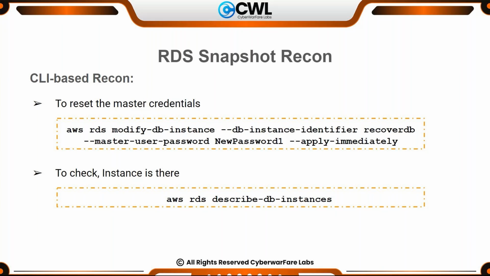So all the work is done by modify-db-instance, which helps to modify settings of the database instance. The master-user-password field here is used to change the password of the database, and --apply-immediately is used to make modifications immediately.